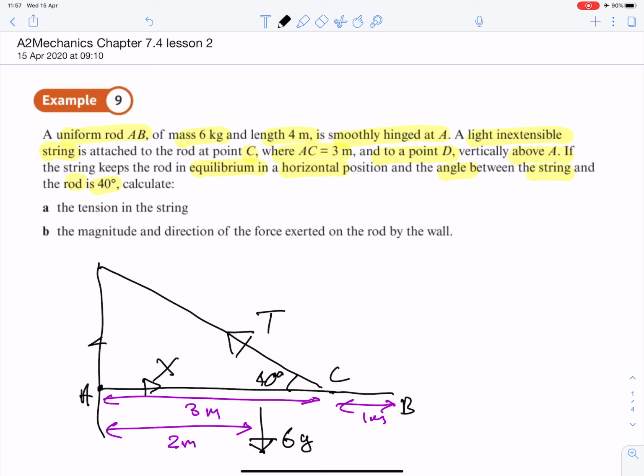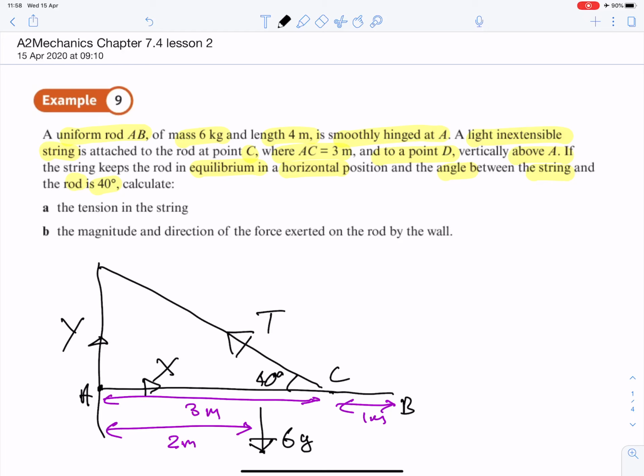What other forces are acting on this system? Well, we've got a tension in the string, and we've got a force at the hinge. Let's call the horizontal component of that X and the vertical component capital Y. Other letters can be used, it doesn't really matter. Some people use H and V. I tend to use X and Y. So that's our diagram.